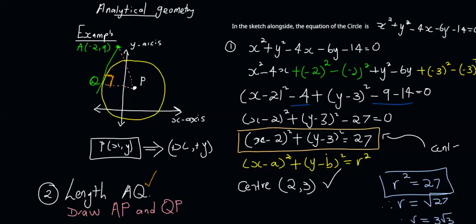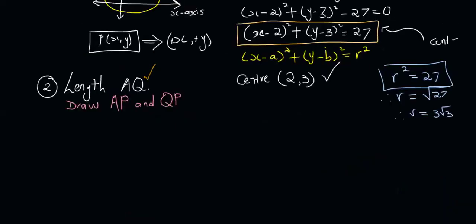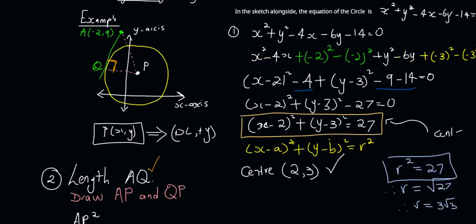So what you're going to do, let's find AP squared. For you to be able to find AP squared, you go to the diagram. When I'm saying let's find AP squared, you look at AP. So AP is equal to the hypotenuse side, because that's the longest side on the triangle.